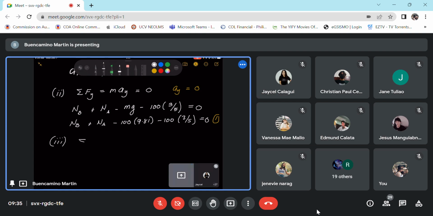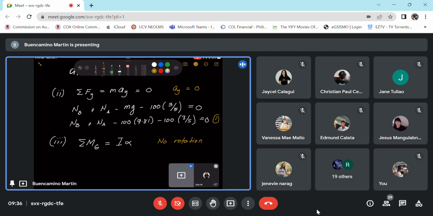the sum of the moment of the forces at G would be equal to I alpha. But notice, class, that there is no rotation that is happening here.